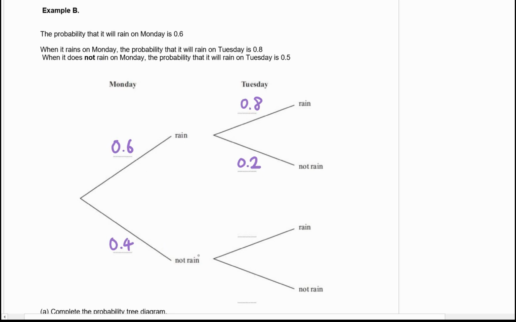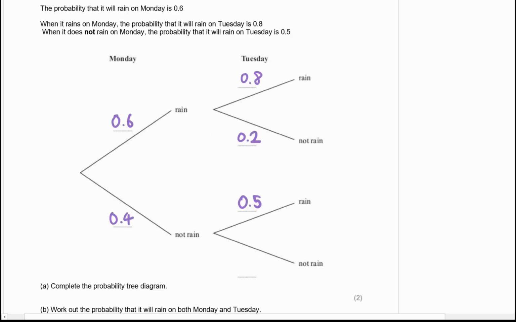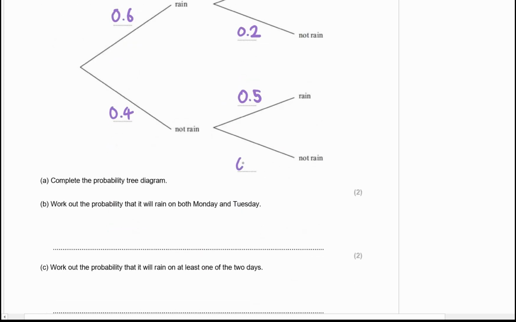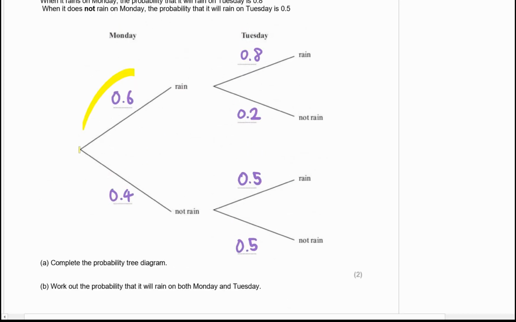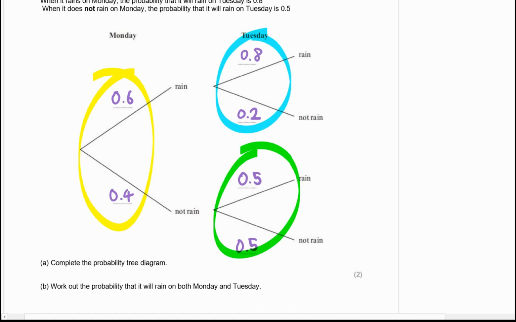And again, these both must add up to 1, which means this is also 0.5. So always make sure that all the branches from a tree diagram add up to a total of 1. So here, all those 3 pairs of numbers add up to 1.